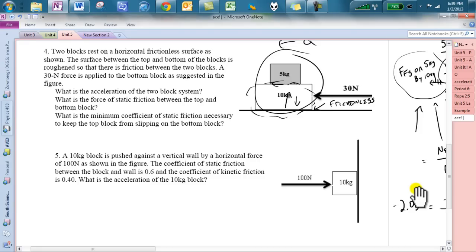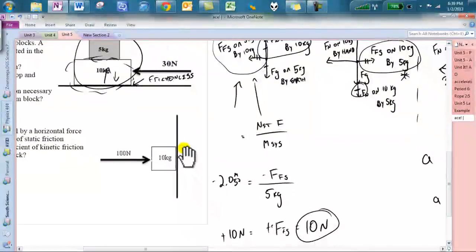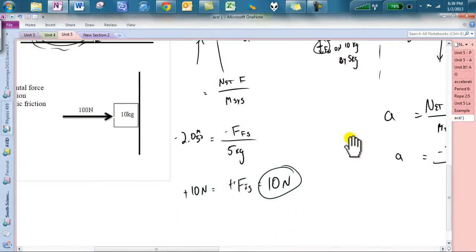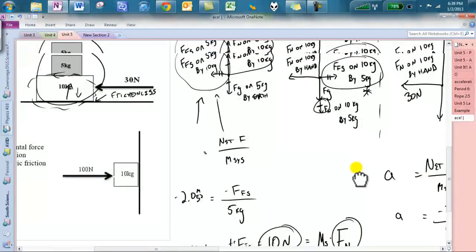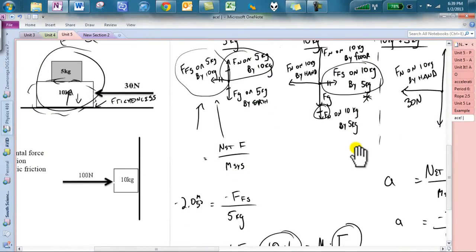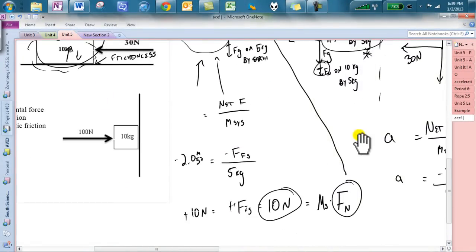What you would have to do in this situation is, again, we got FFS as being 10 newtons. We're looking for the coefficient. Remember, coefficient of static friction times Fn. And this is the Fn that's causing the friction. So if we go over here, you'll notice that that's referring to that force, which is equal to Fg in this situation.